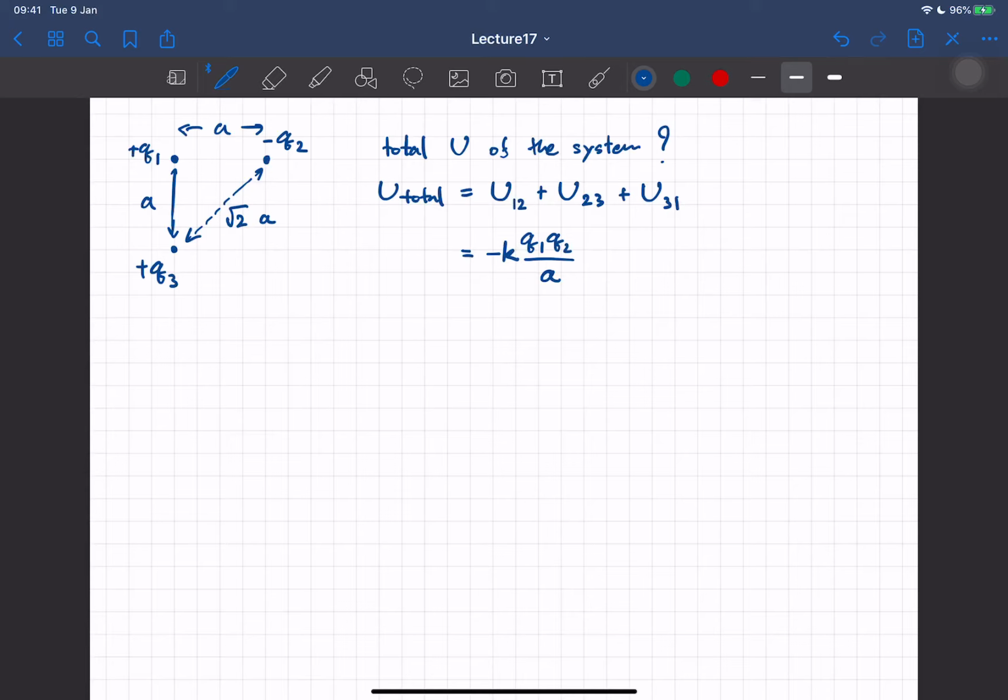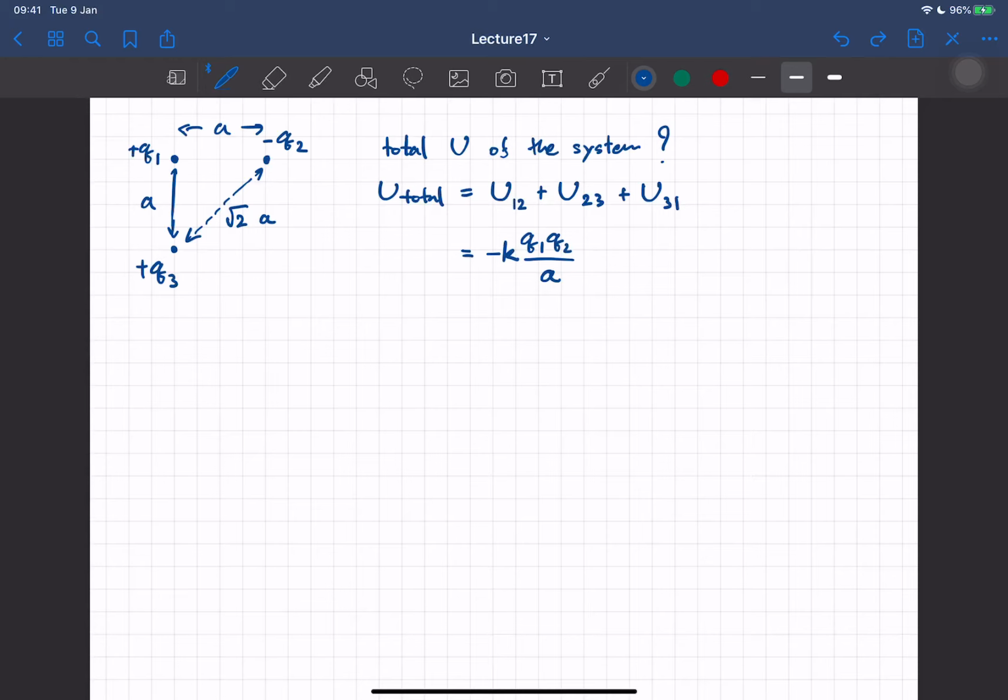Another important thing, and some of you will forget sometimes, is that for potential energy, it's not 1 over R squared, it's 1 over R, okay? So it's just A, not A squared. We are not calculating the electric field here, we are calculating the potential energy. So fortunately or unfortunately, the formula looks almost the same, but they are not, okay? And be very careful about this. So in this case, 1 over A.